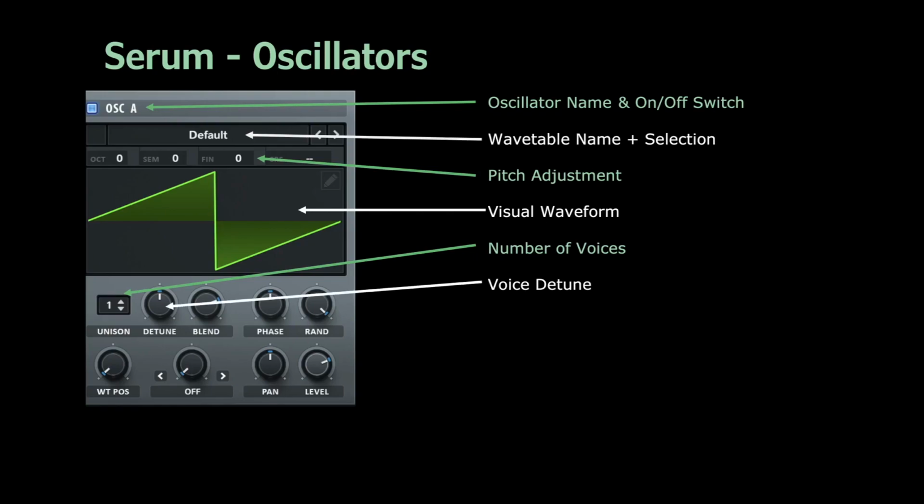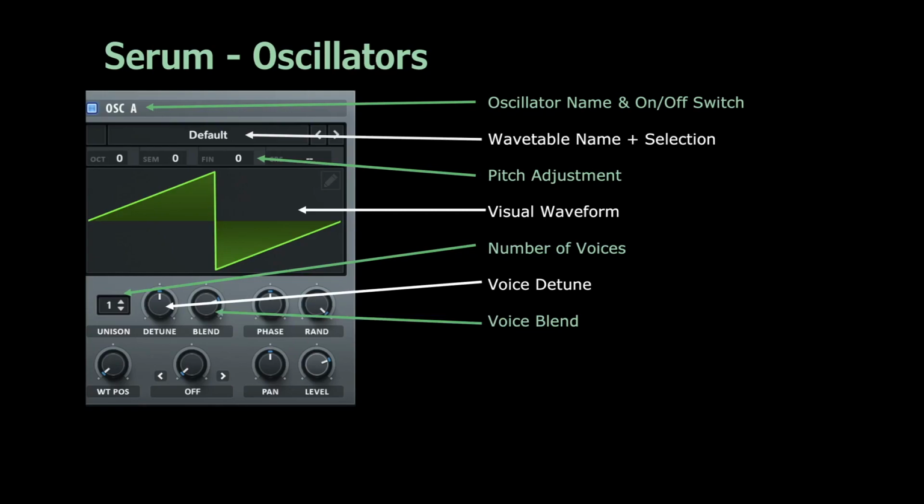So voice detune. If you have more than one voice, you can select the other voices there to be detuned ever so slightly. This can really help thicken out a sound if need be, or just offer this wacky effect if you would like.